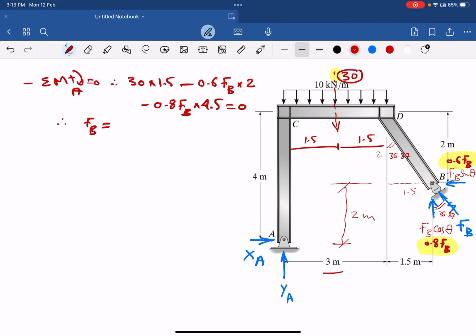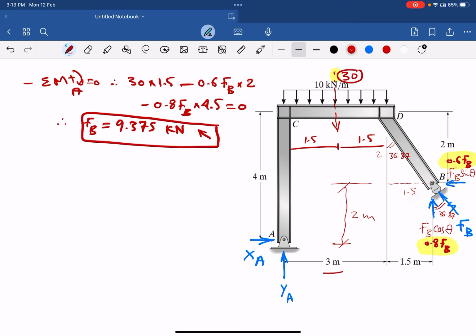Therefore we can get FB equals how much? It will be 30 times 1.5 divided by 0.6 times 2 plus 0.8 times 4.5, all equals 9.375 kilonewton in the same direction that we assumed.